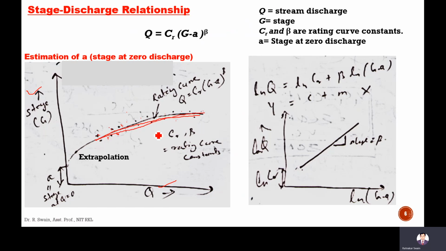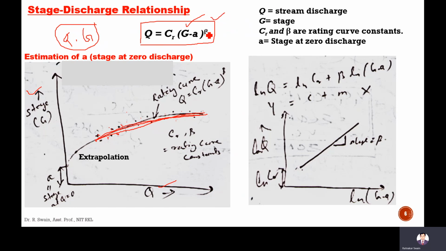If you are plotting in Excel, you can draw a best fit line. The discharge is expressed in terms of the stage, G is the stage, and between Q and G the equation is made in this form.